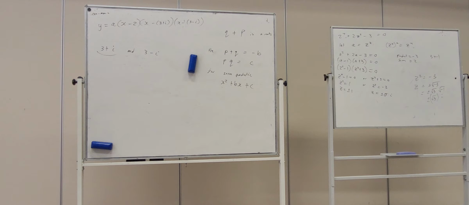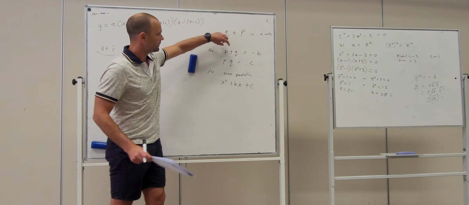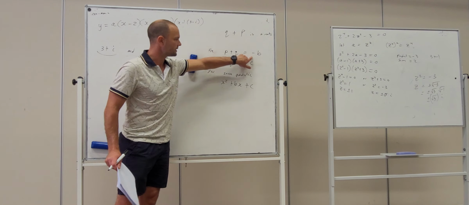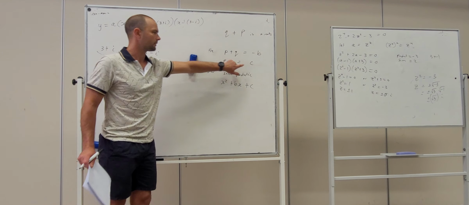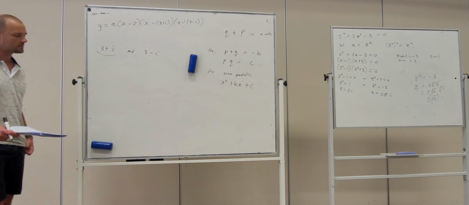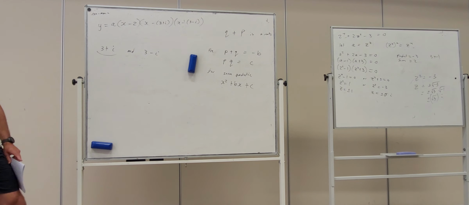We're going to use that principle now. The sum of the roots is minus b, and the product of the roots is c. That's Year 11 Methods semester 1, sum and product of roots, so read that.